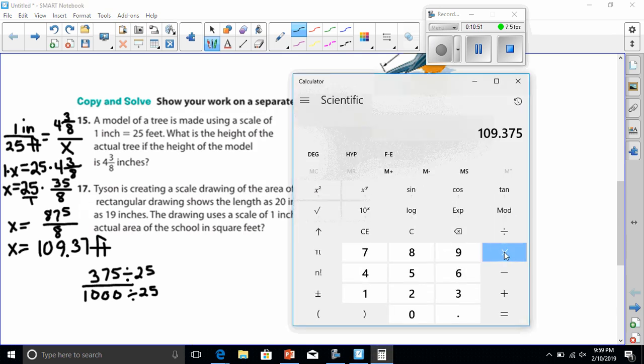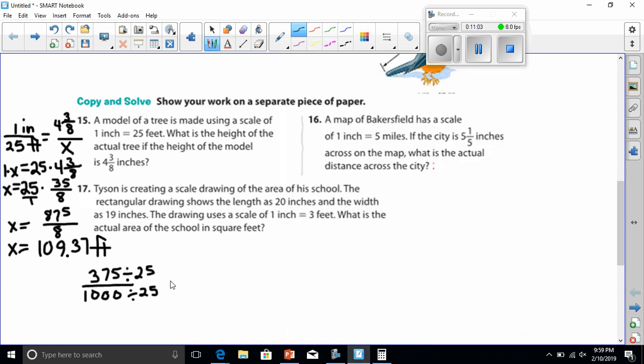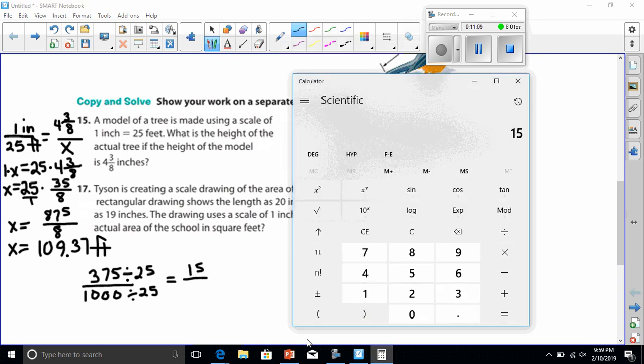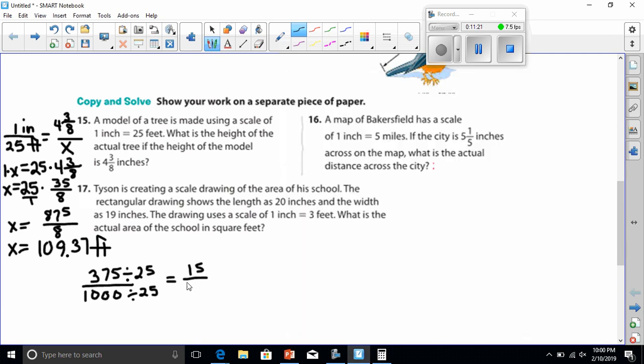If we take 375 and divide it by 25, that gives us 15. And now if we take 1,000 and divide it by 25, that gives us 40. That still presents a little issue because, as we can see, both of these are divisible by 5. If I divide 15 by 5, that's going to give me 3.